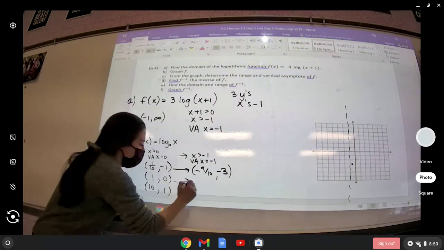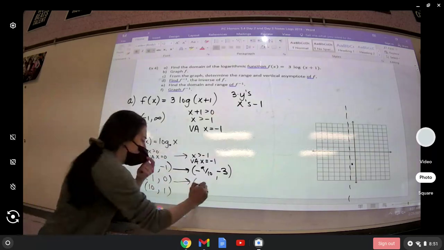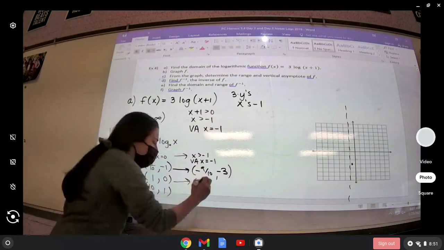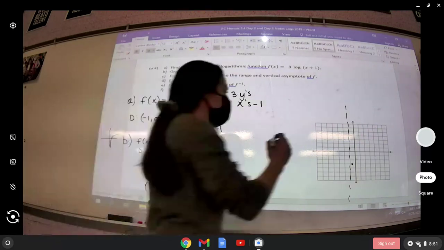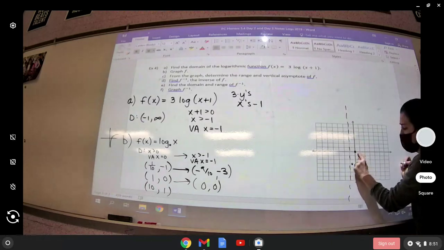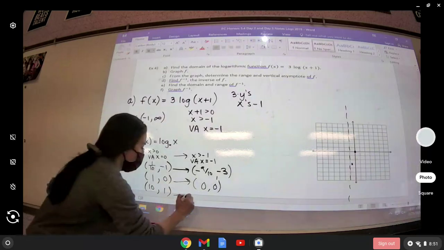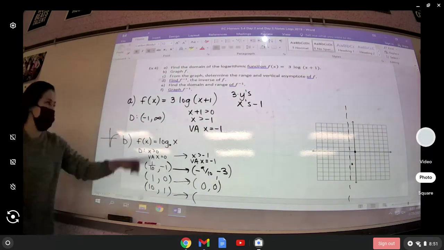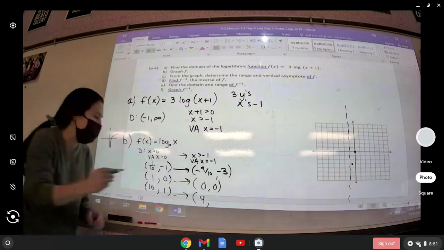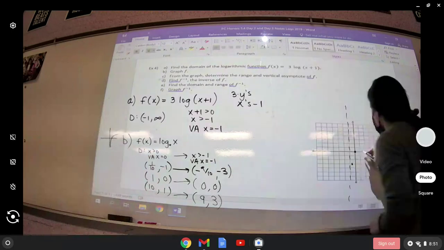All right, go to the next one. Take 1, the x coordinate, subtract 1 from it, so now it's sitting at 0. It got shifted left 1. Take 0, times it by 3, but it's still 0. But the original x-intercept got shifted to the left 1. And then 10, take away 1, now it's sitting at 9. And then take 1, times it by 3, now the point (9, 3) lives on this graph.